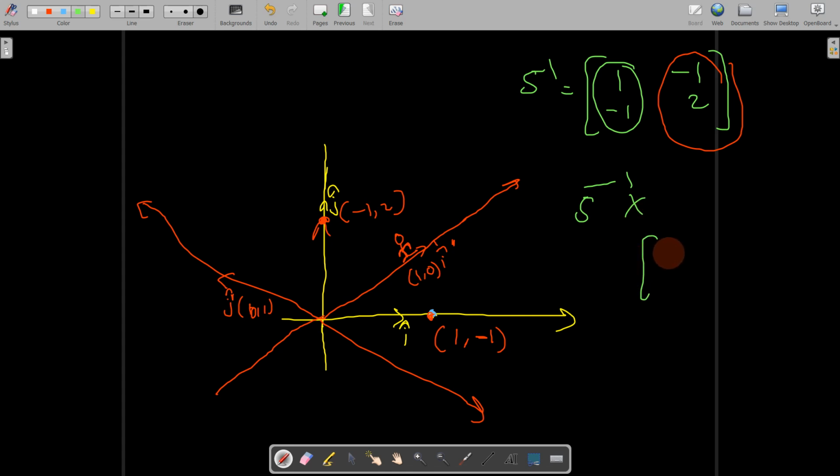Suppose in the original coordinate system there was a point I am marking with yellow, and along this standard i cap you had to move 3 units scalar, and along j cap you have to move 2 units scalar.